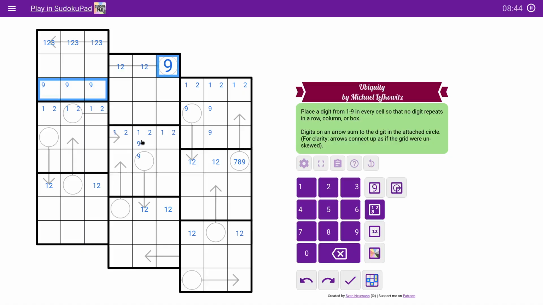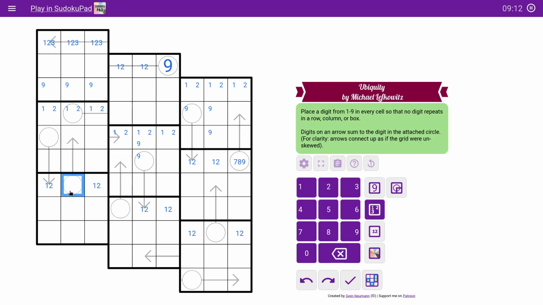And if they did, it'd be a problem. But that's fine. Okay, so I think that's the key thing I was not understanding about skewed grids. If you have 2 boxes that are offset by 1 from each other, and you have a digit in both of those boxes that are also offset by 1, then it must cascade all the way through the grid. And it works both directions.